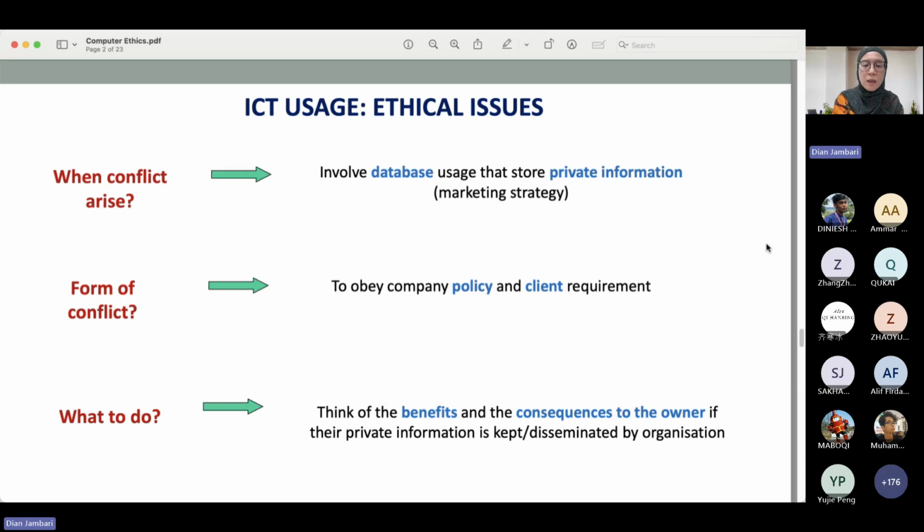Let's say the system database collects or stores information about customers' addresses. That's private information, and the customer has given permission to collect and store their address information.